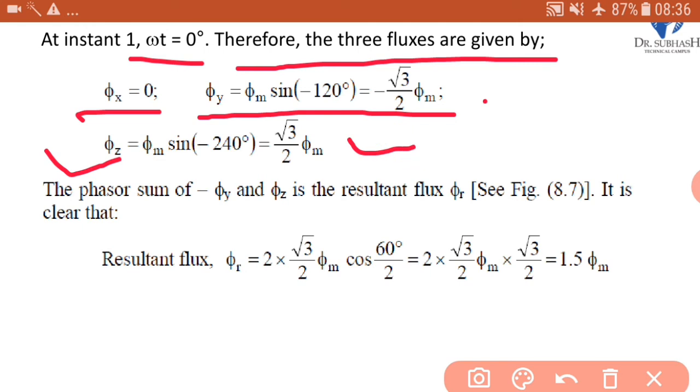So we can observe that the values of phi y and phi z are the same, but the sign is changed. Phi y is negative and phi z is positive.